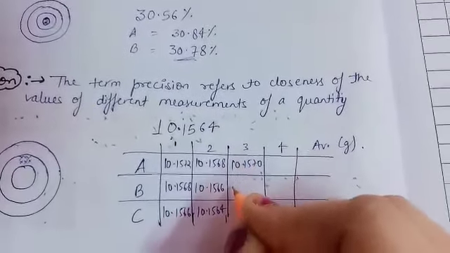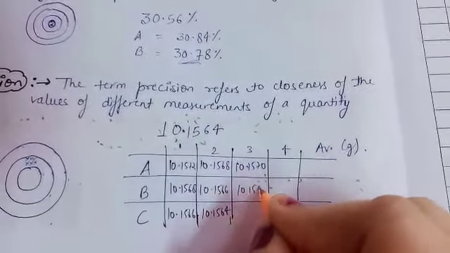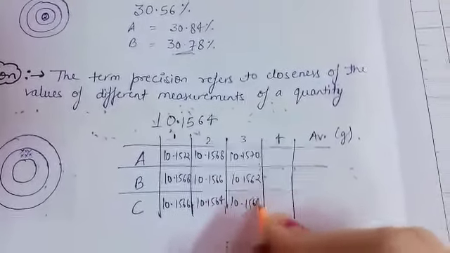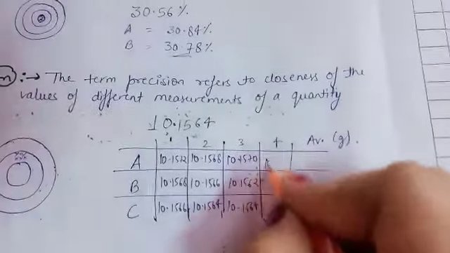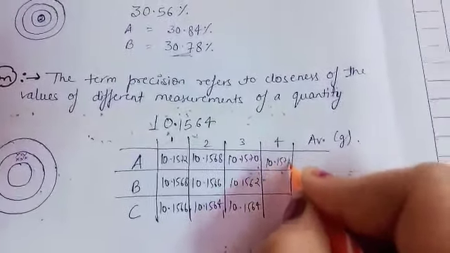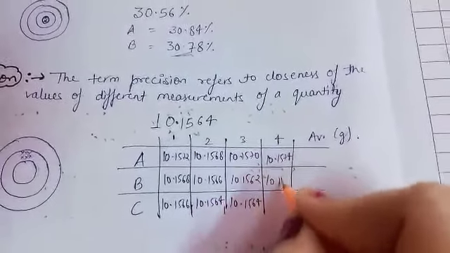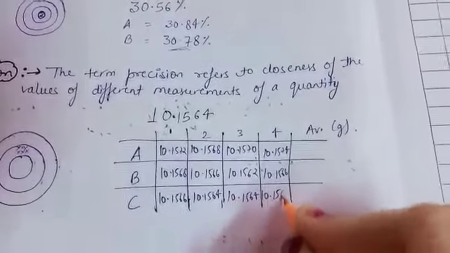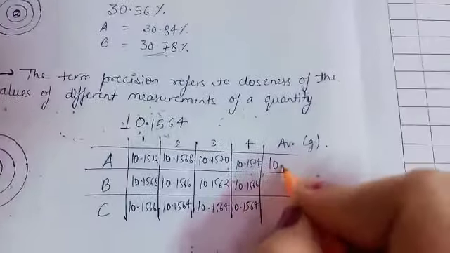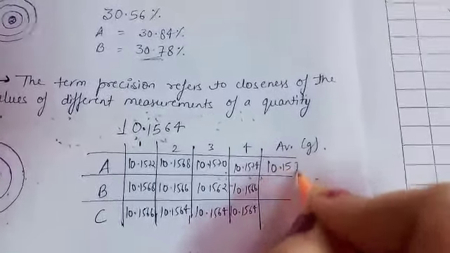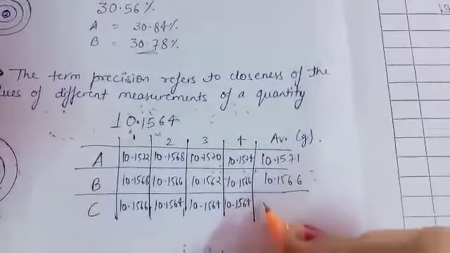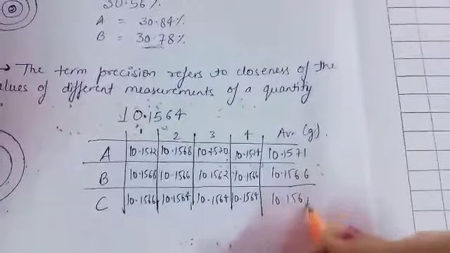Now again, all these are different values. If we calculate their average, this one is 10.1566 and this one is 10.1564.